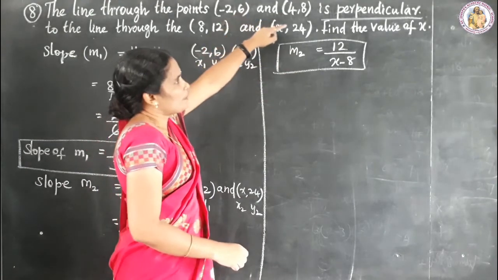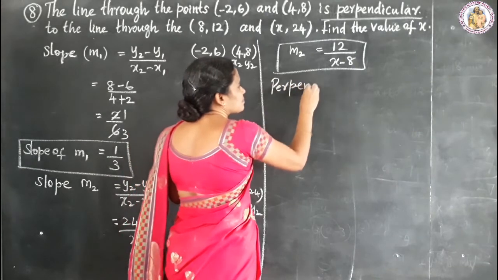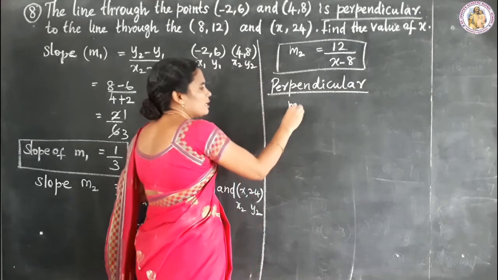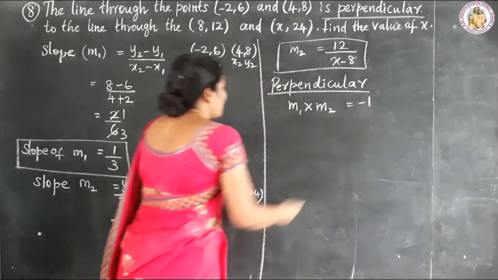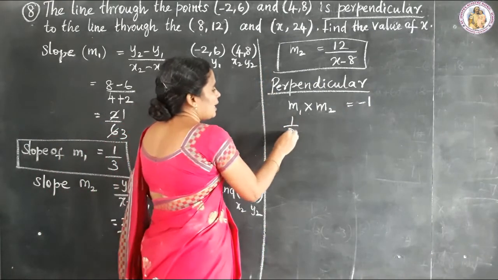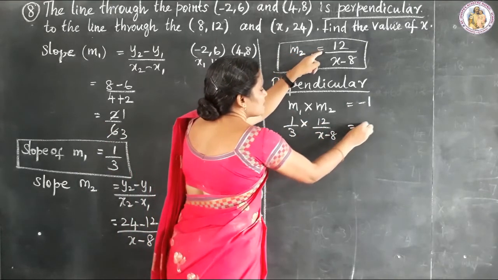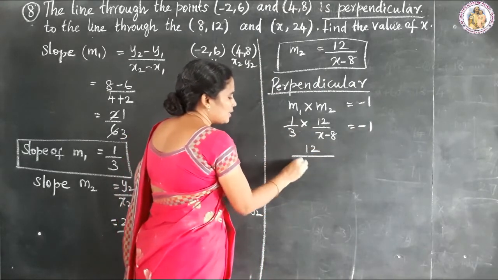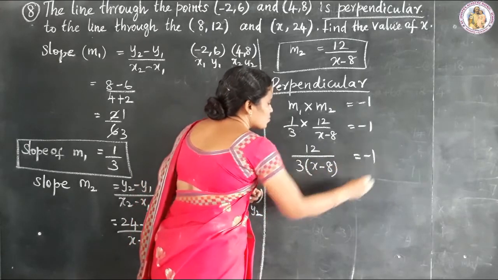Hence it is given as perpendicular. So m1 into m2 is equal to minus 1. And now m1 is equal to 1 by 3 and m2 is equal to 12 divided by x minus 8, so the product is equal to minus 1. So 1 into 12, 12 divided by 3 into x minus 8 is equal to minus 1.